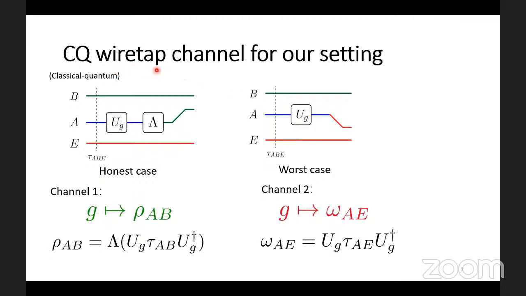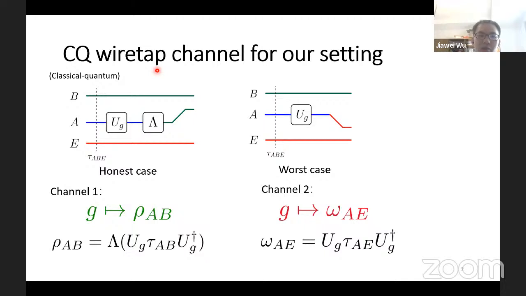Then through our setting, we can construct two channels, or in other words, this communication can be treated as a wiretap channel. To be more specific, it is a classical-quantum wiretap channel. Channel 1's input is the choice of the group unitary, the elements of the group.